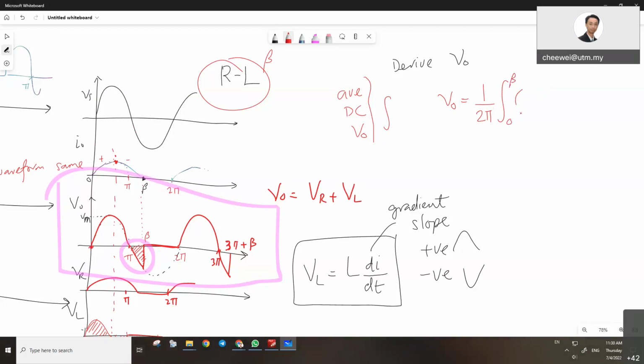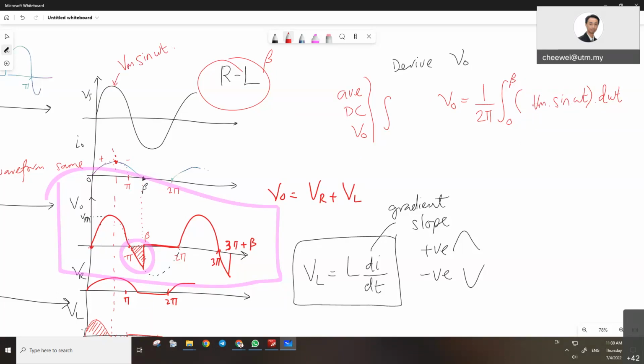So what is the thing that I should put in the bracket? The waveform, isn't it? And the waveform is from Vs. What is the waveform for Vs? Right? Vm sine omega t. So we put in Vm sine omega t. Omega t is the variable.